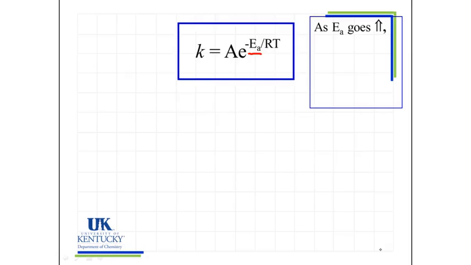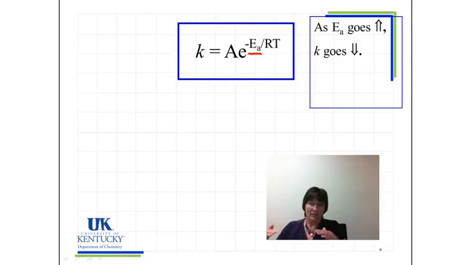Well, how does that affect the value of K? If you're raising it to a larger negative number, it becomes a smaller and smaller fraction. So K is going to go down. Now, does that make sense with what we know about activation energy? Well, let's think about the mountain size. If it's a really, really high mountain, is it going to be a slower reaction? There's going to be a few molecules that can get over that. So is it going to be a slower reaction, so you can expect a smaller K?